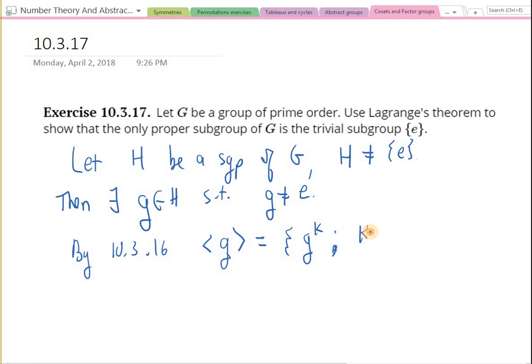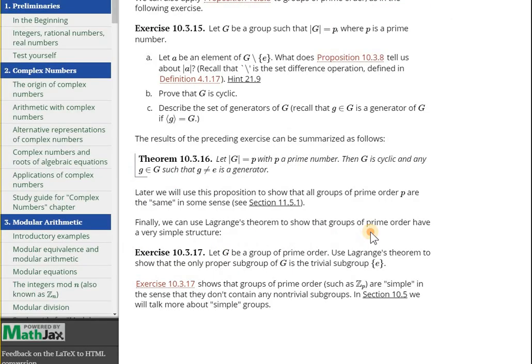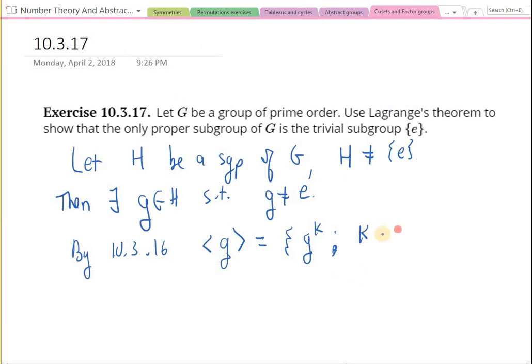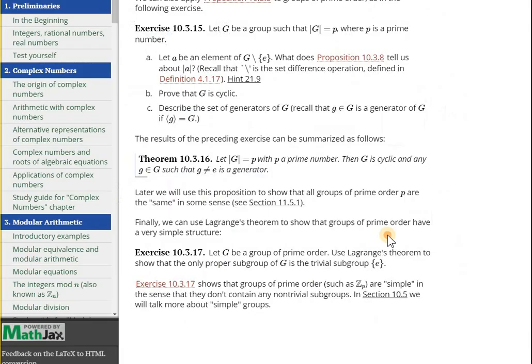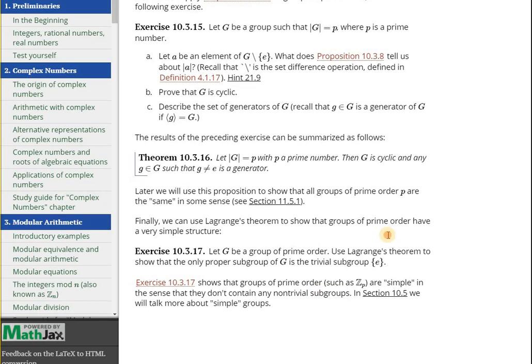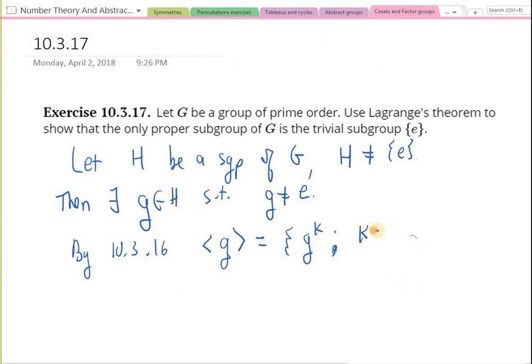Well, look at the definition, 10.3.16. Here's not k exists in G. This is just k equals... Well, 10.3.16 says that. Well, you said k equals G, and all right, that doesn't make any sense because k is an integer and G is a group element.